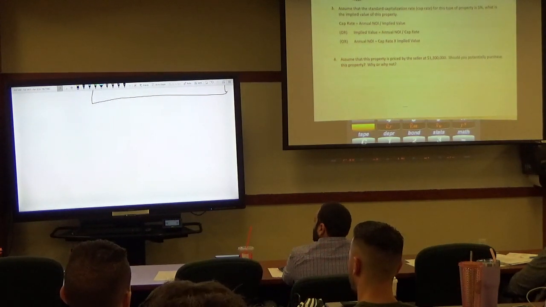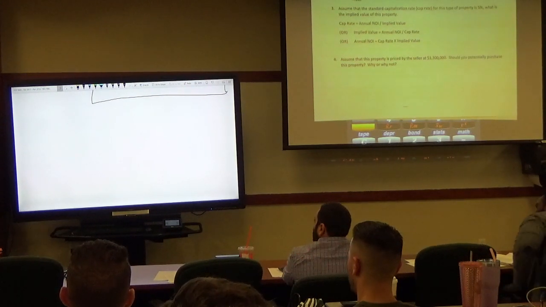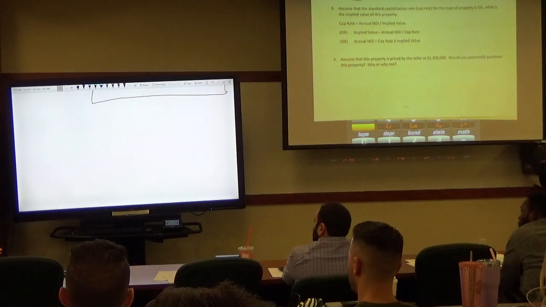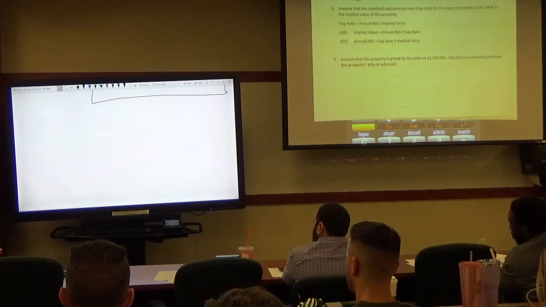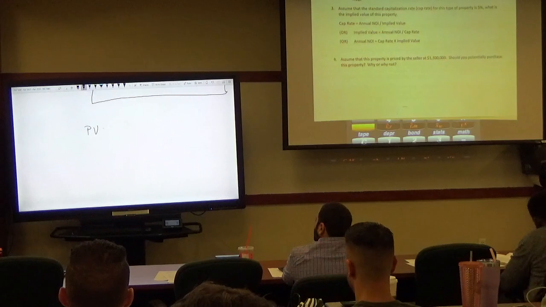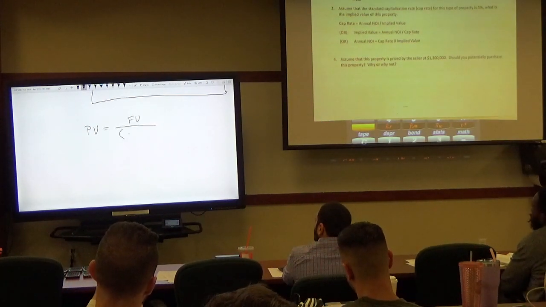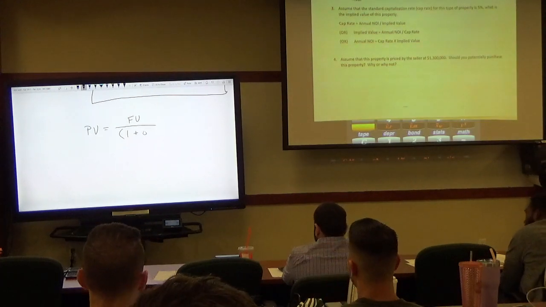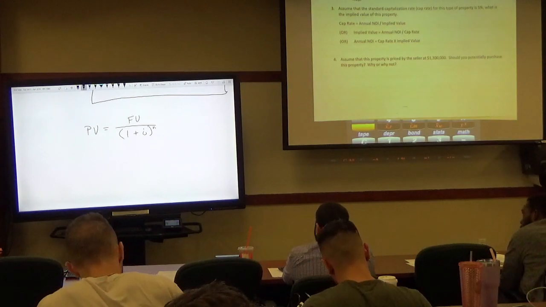In the book, one of the things it does, which I don't tend to do, is show you all of the actual mathematical formulas to calculate present value, future value, net present value, that sort of thing. For example, the formula for present value is equal to the future value over 1 plus the interest rate raised to the number of periods, okay?